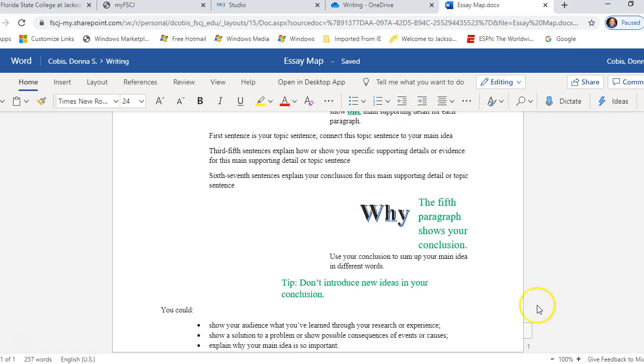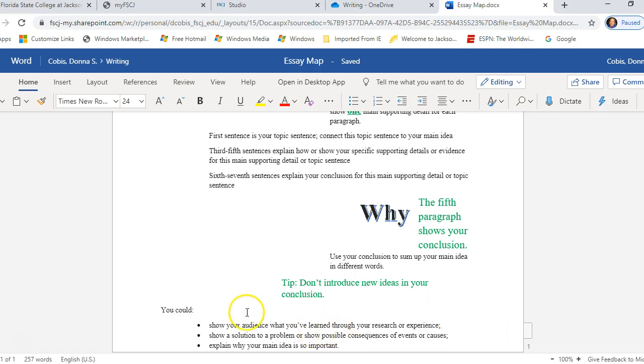Some of the ways that you can explain why might be that you can show what you've learned through your experience or your ideas. You can show some kind of solution to a problem, or you can show the possible consequences of the events or the causes that you're talking about.